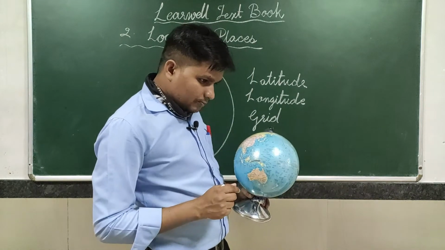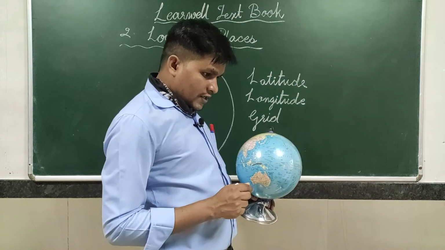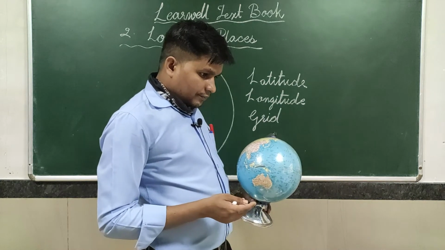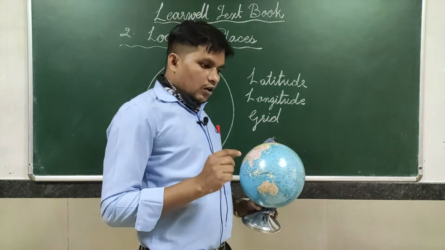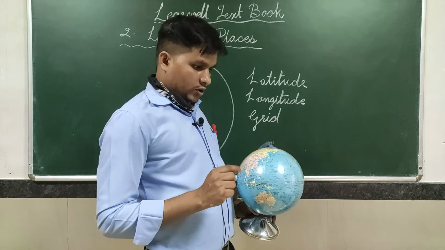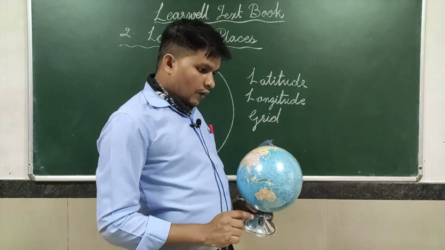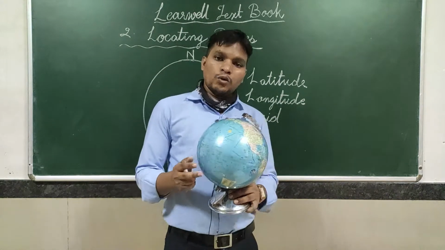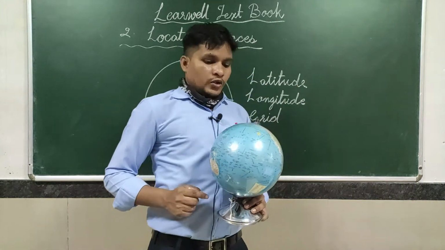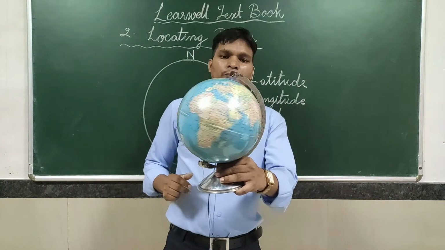The next point is the line on which the Earth rotates. The two ends of the axis are called poles. The point at the top is called the North Pole and the point at the bottom is called the South Pole. Students, this is the globe, just listen properly.